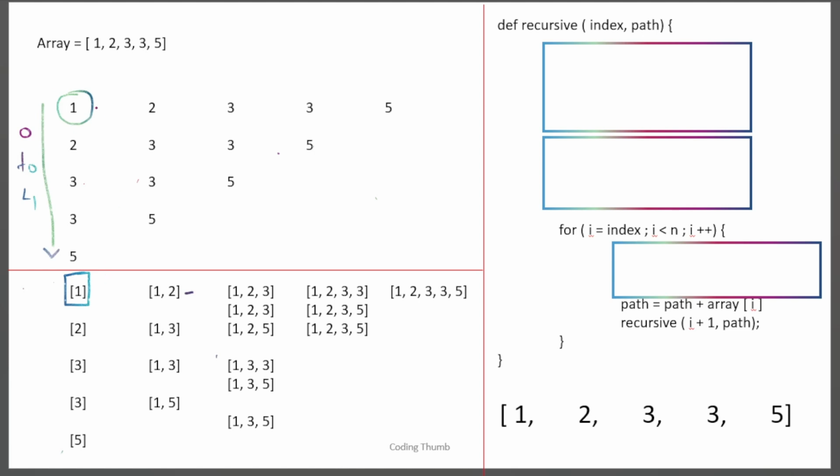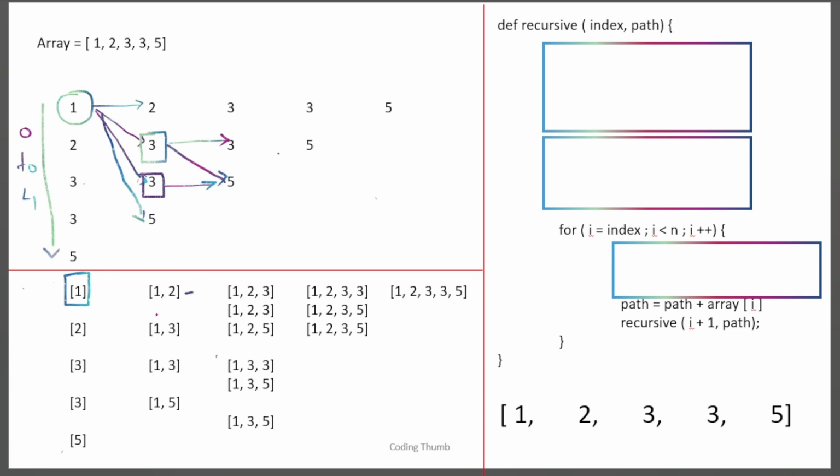Now from 1, we go into a recursive call and we either take 2 or this next number 3 or the next one 3 or this value 3. So let's say if we take 3, we then go into a recursive call and we take either 3 or we take 5. When we come to this 3, we can again go to 5.